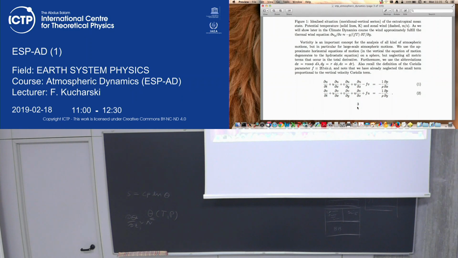And the formulation is 2 omega, the angular velocity of the Earth, times the sine of the latitude. And there are some additional terms of this Coriolis parameter, another Coriolis parameter multiplied by the vertical velocity, that I ignored. So this would be the equation in Cartesian coordinates.